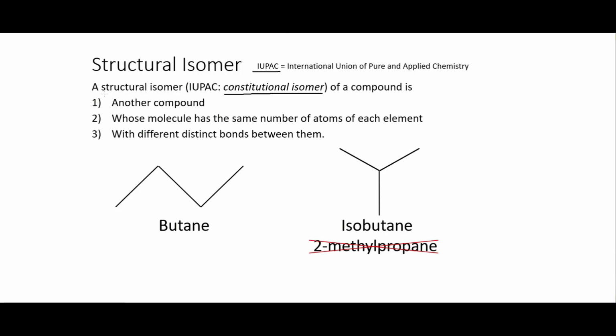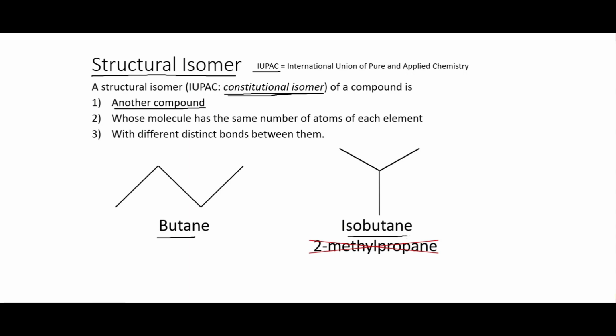And so a structural isomer, or a constitutional isomer, is another compound. This is important because an isomer, even though it might have sort of the same name, like what we see down here where we have butane and isobutane, are different compounds.